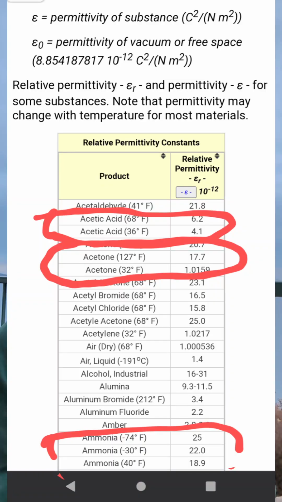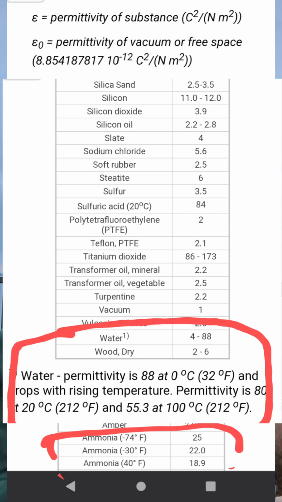So why this is important, how this ties together with the Superforce and this idea of a variable refractive index as a model for what gravity is, is because when you change the temperature of a lot of materials, you actually change their permittivity. In the case of water, this is well known, and again, it's on Engineering Toolbox.